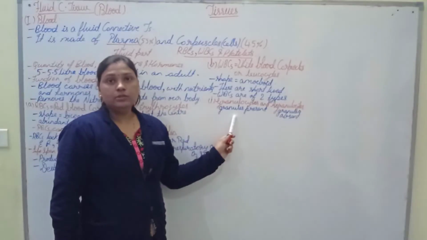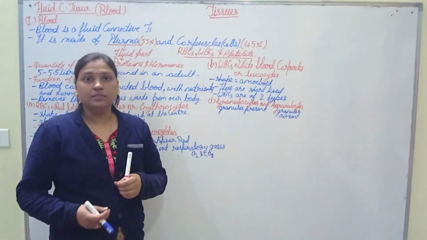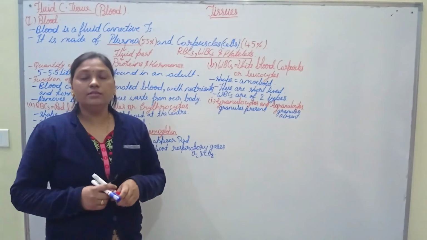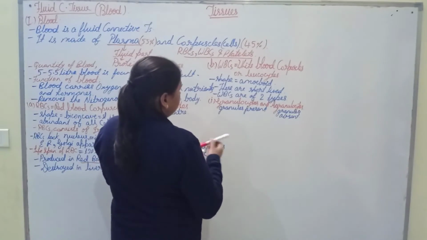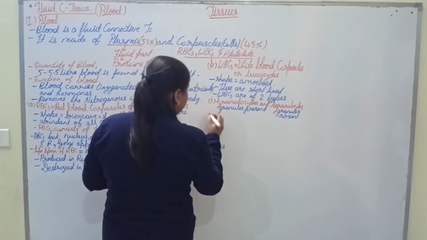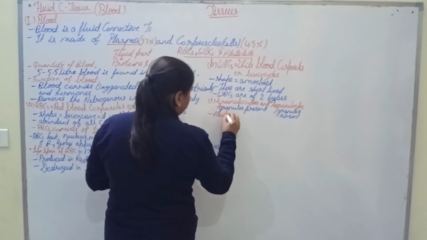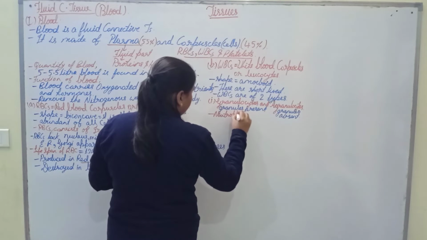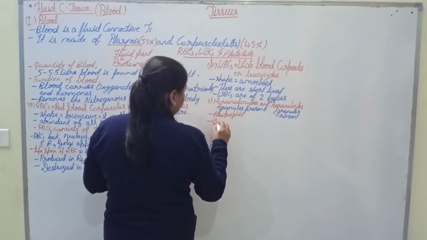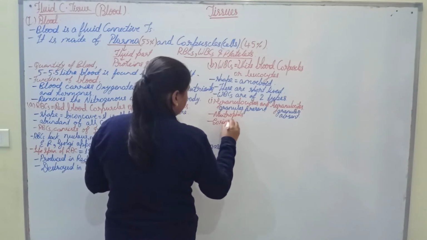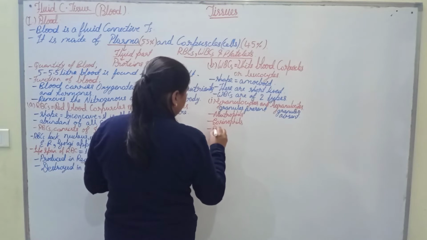Here the granules are small particles or cells with enzymes that are released during infections. So granulocytes are of three types. First is neutrophils, second is eosinophils, and third is basophils.